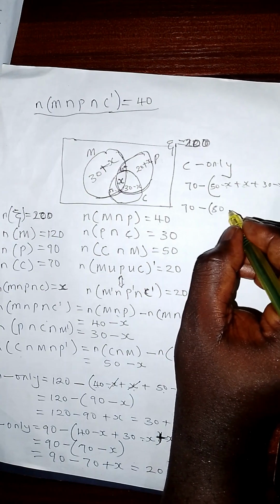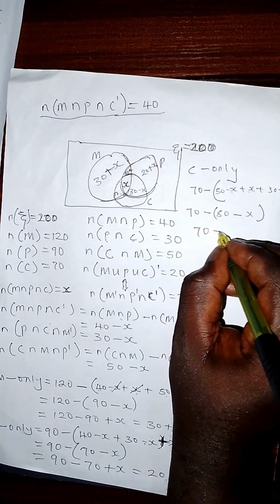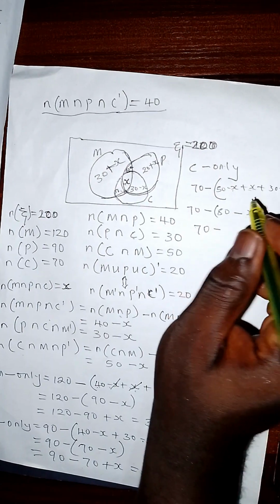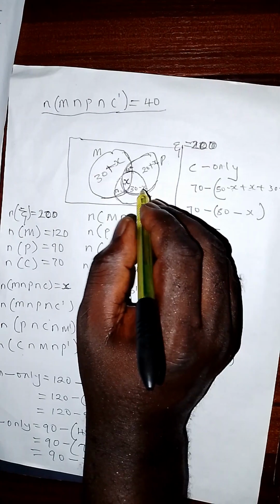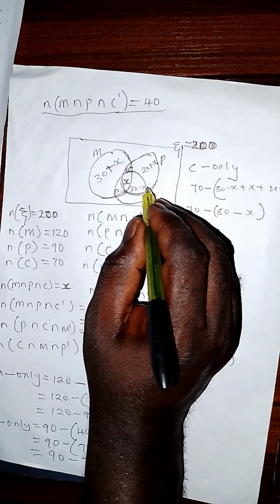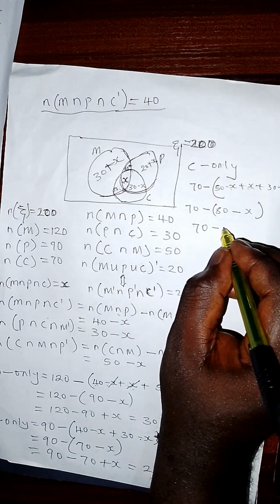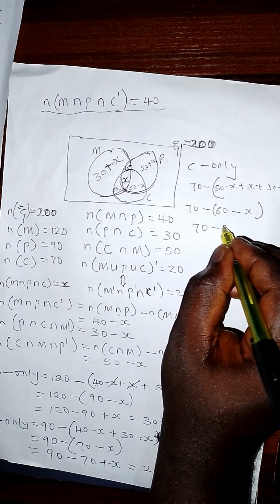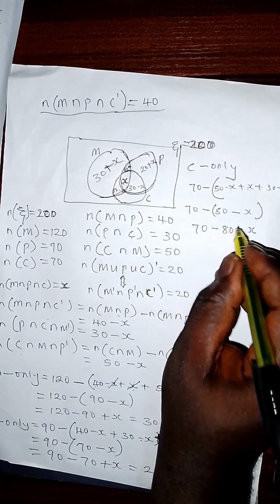This will cancel out. So 70, this is for chemistry, so it's going to be minus what now? We have minus 80 plus X minus 18.